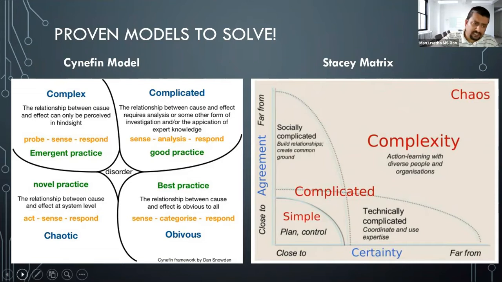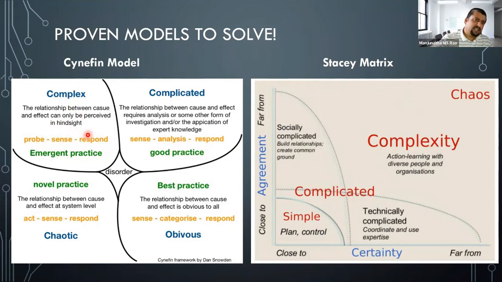Essentially, if you look at this slide, your problem space can be divided majorly into 4 buckets. The obvious problems, where your best practices can be used, where there is a direct relation between cause and effect. Whereas with complicated ones, you will be able to sense and analyze, but you may have to use expert knowledge and some kind of analysis, plus a combination of the data with some thinking, to respond, rather than straight away go out and fix it.